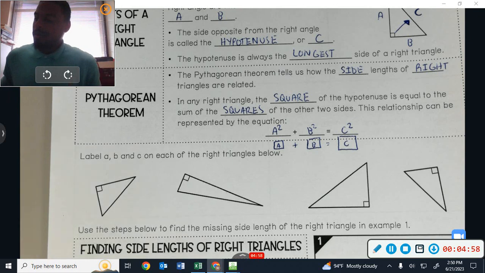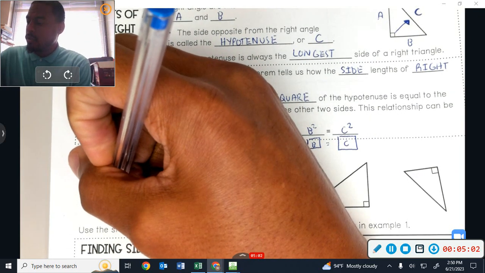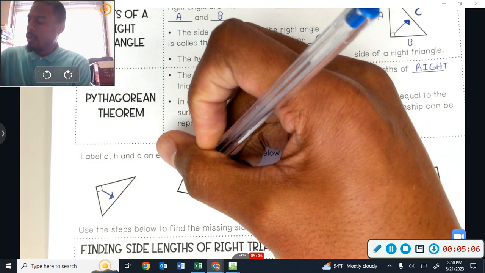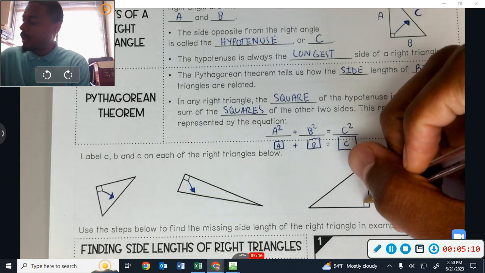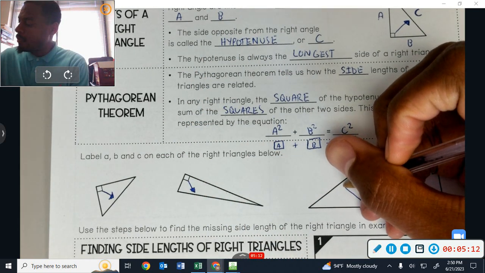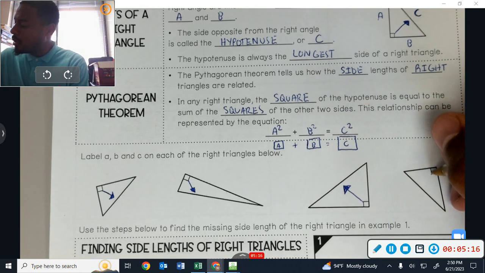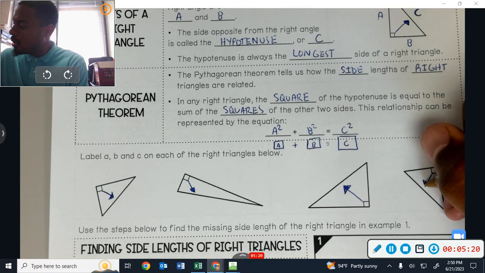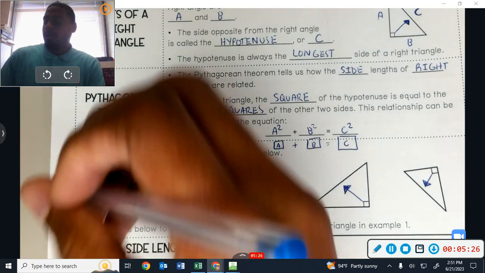The first thing I want you to do is always draw your arrow coming from your right triangle symbol. That's going to tell you your C.